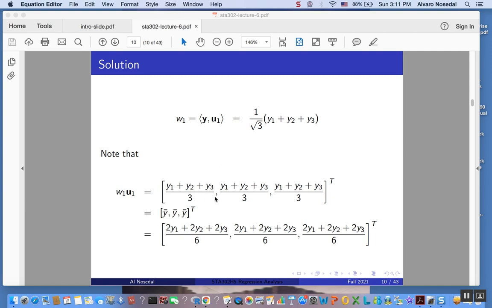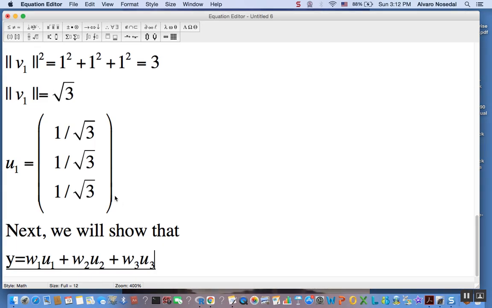Make sense? Now note that this is just the weight w1 that we have in this expression. But if you do the product w1 times u1, note something interesting.